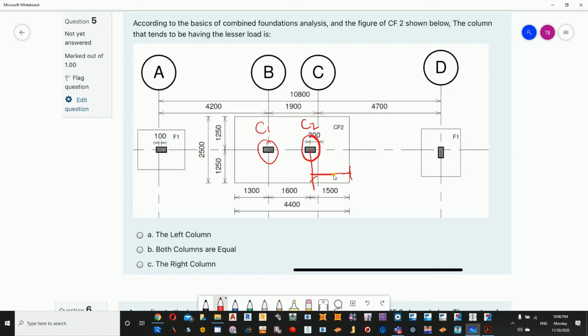So by common sense, C2 requires a wider length to the edge, or even by returning to whatever we have done. Now for this question, when we are referring to the lesser load, the answer is going to go for the left column.